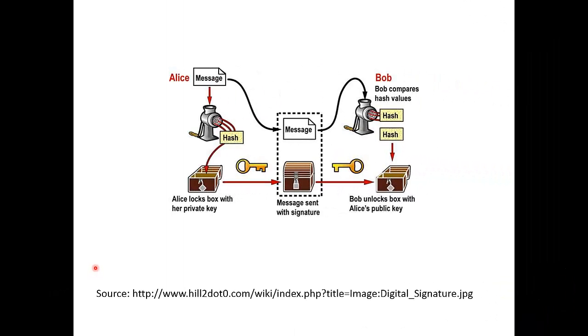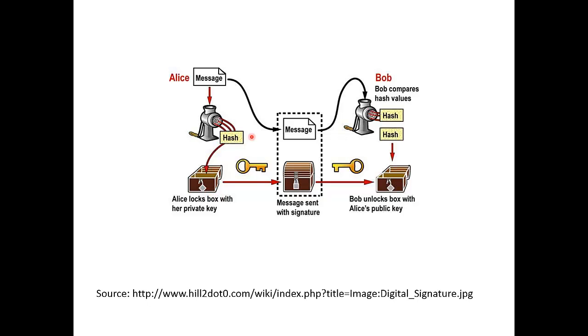So here is a diagram that shows the whole digital signature scheme as we discussed earlier. In this case, Alice is sending a message to Bob, and Alice gets a hash value, as you can see here, and then encrypts that hash value with her private key, and her public key is already available to the public.